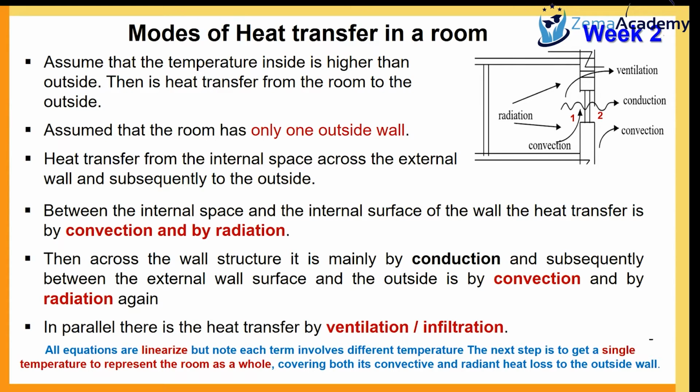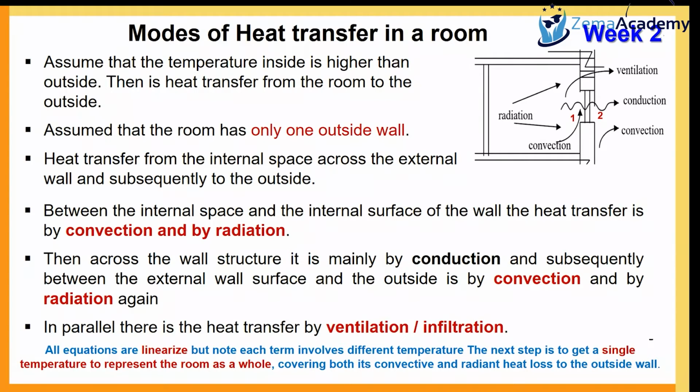That is, we are going to linearize all the equations after making up the heat transfer process in the room, and then bring all those temperatures in terms of two temperatures rather than different temperatures. And that's what we did last time. I did a little derivation and showed you first how to linearize the convective heat transfer process and the radiation heat transfer process.